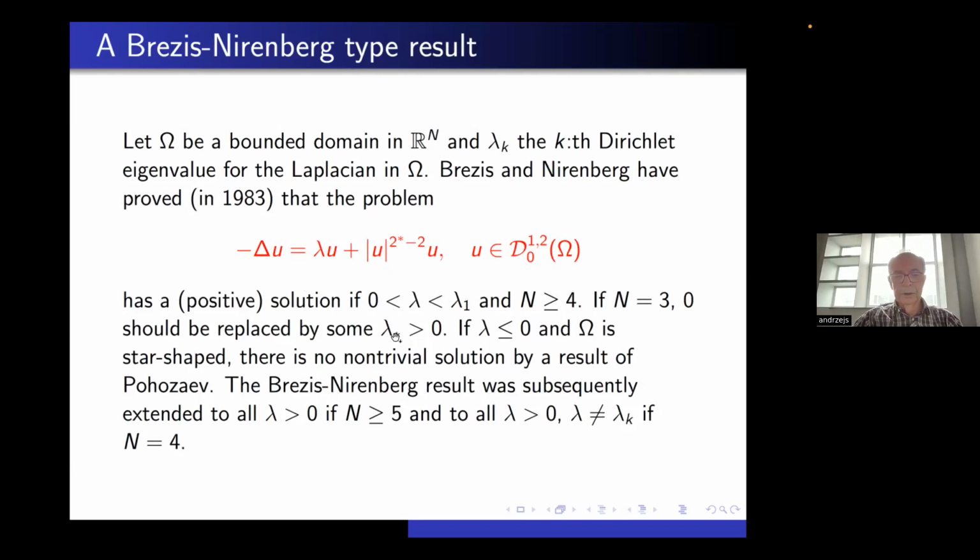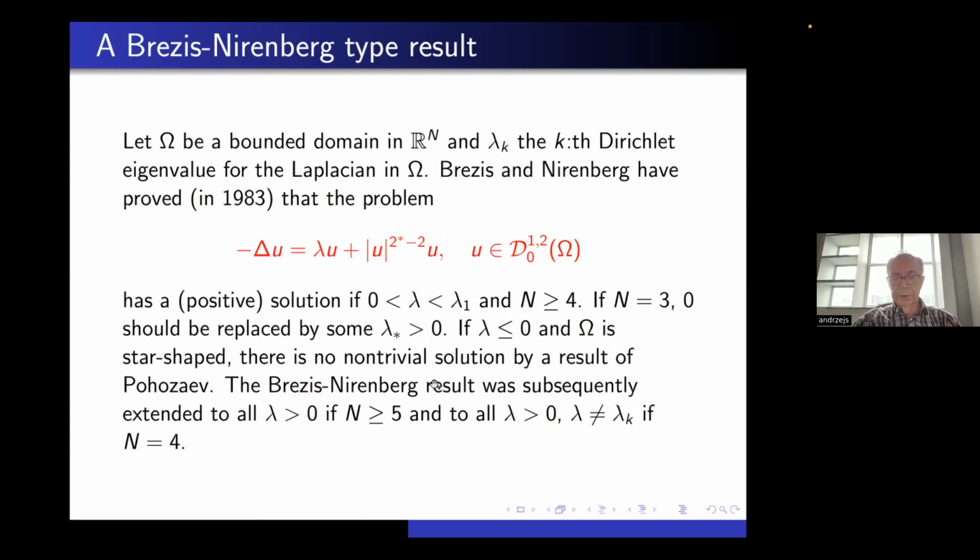And for n equal to 3, 0 should be replaced by some lambda star. For lambda less than or equal to 0 and omega star-shaped, there are no non-trivial solutions.